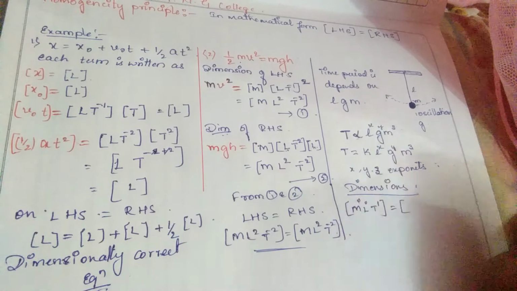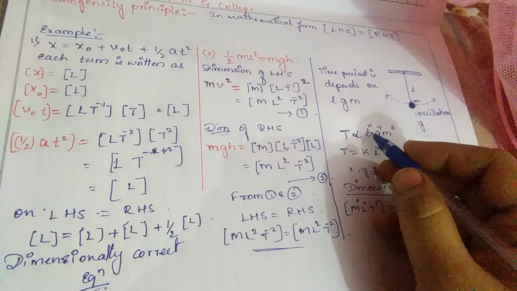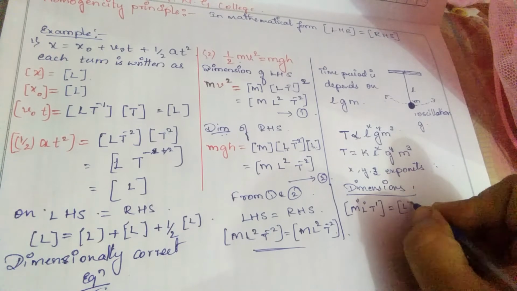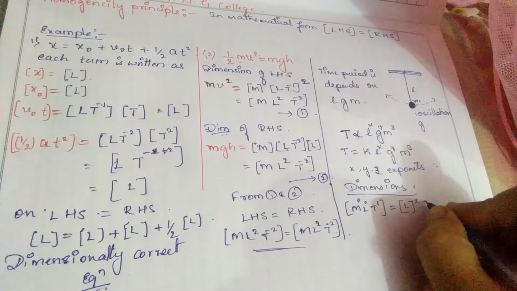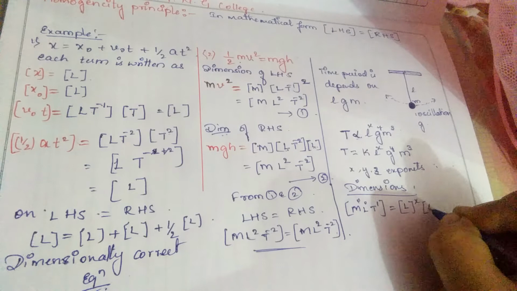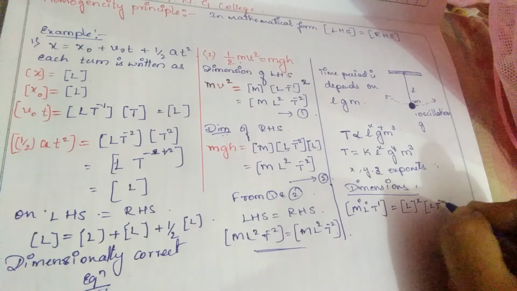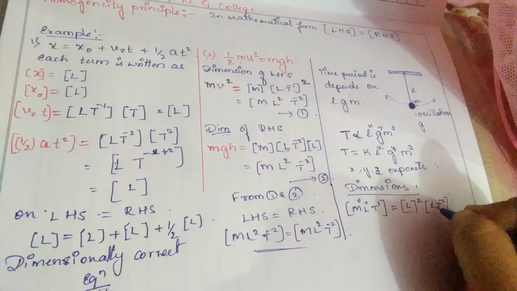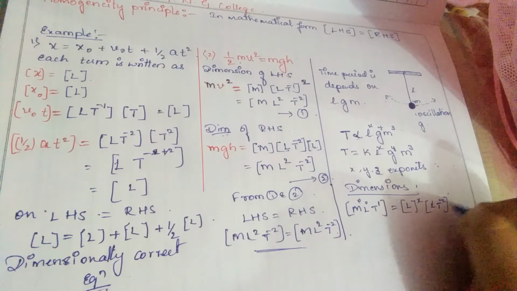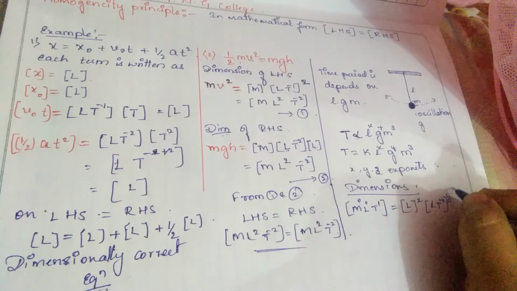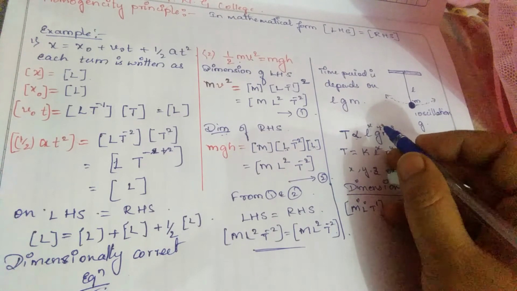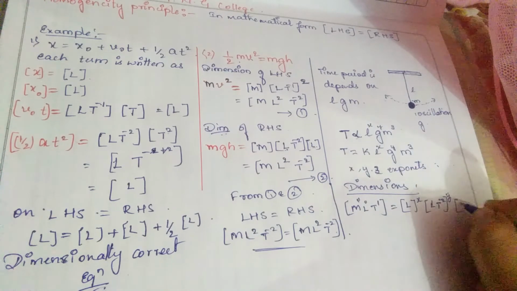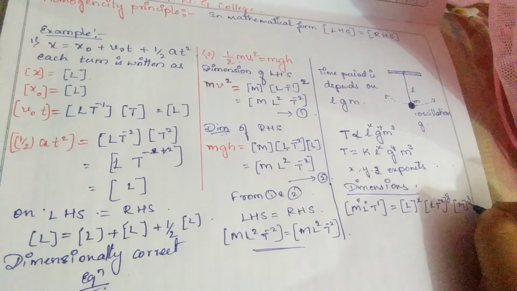That is equal to, on the RHS, l means length, so L to the power x. And next, acceleration due to gravity means L T to the power minus 2, with power y, so g to the power y. And next is the mass, that is M to the power z.